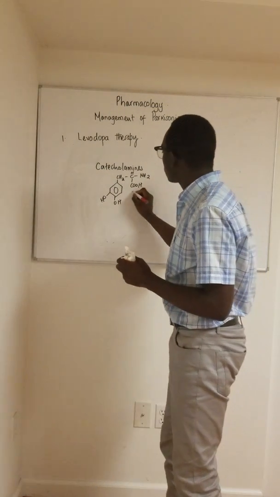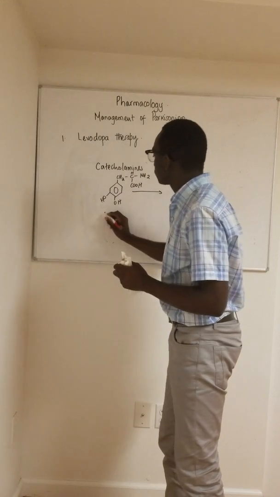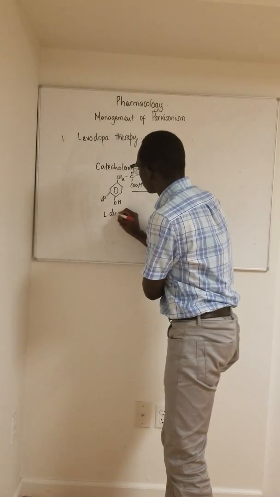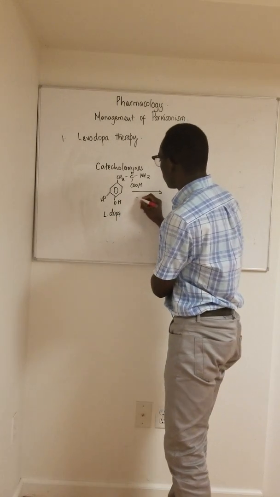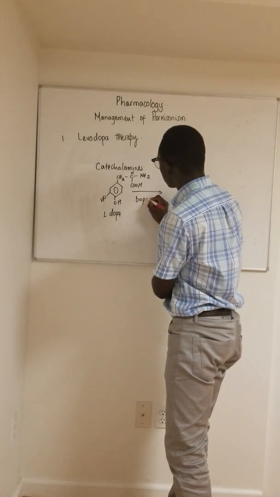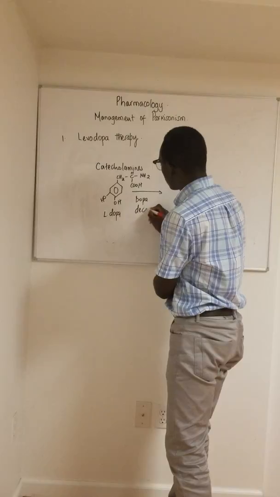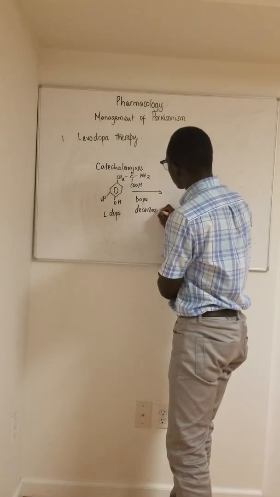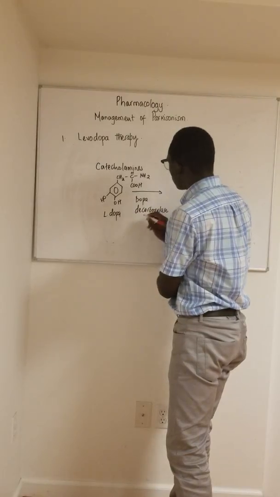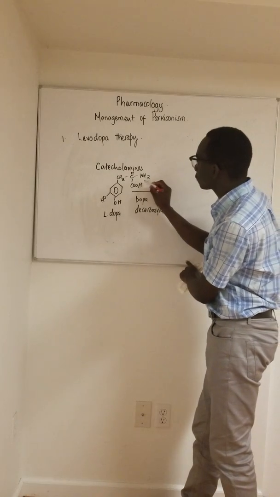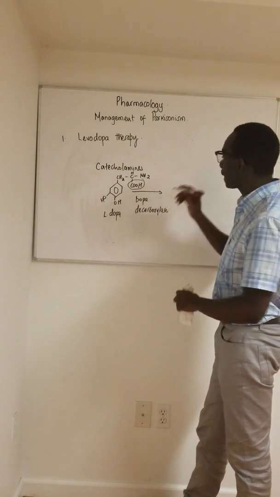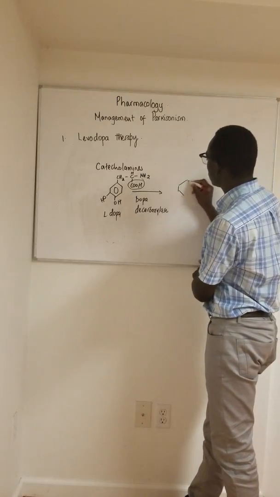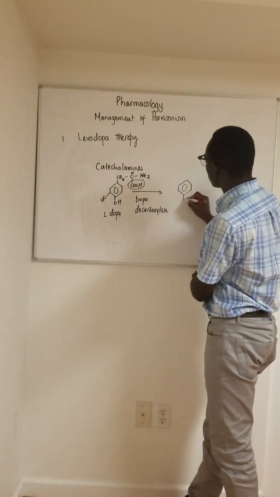So this levodopa is metabolized by an enzyme called dopa decarboxylase. So this enzyme dopa decarboxylase takes off this carboxylic acid on this levodopa, and then we get the neurotransmitter dopamine.